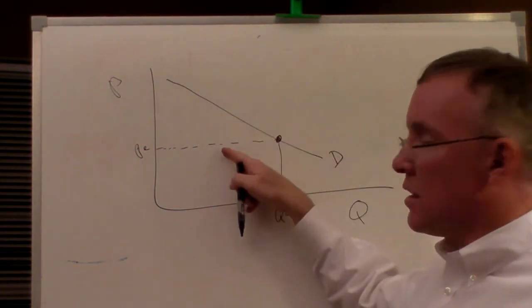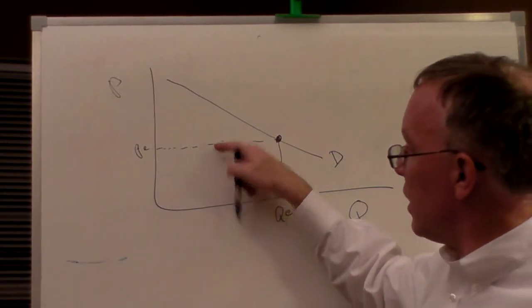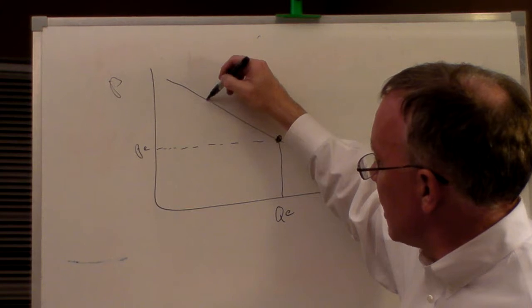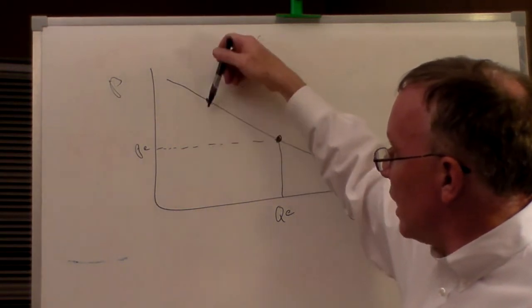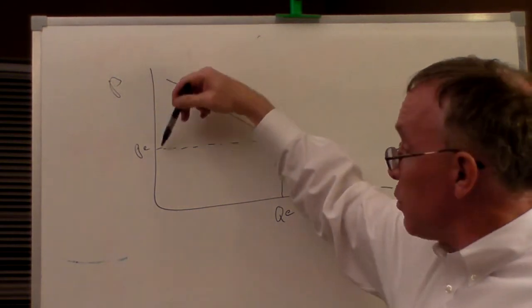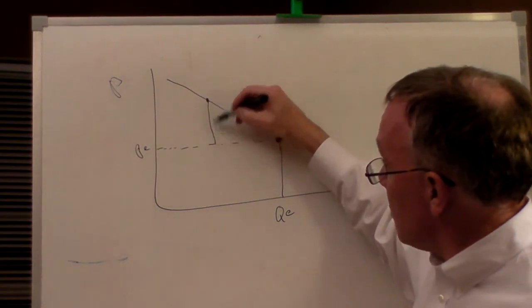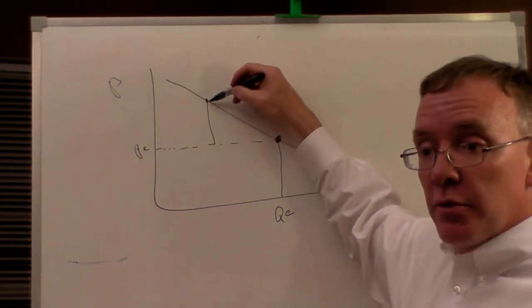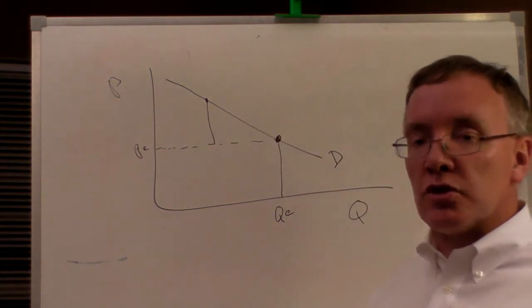But because this is the equilibrium price, the market price, anybody who was at this point on the demand curve and would have been willing to buy this quantity if the price were up here, with the price down here, of course, they're still willing to buy. And the difference between what they would have been willing to pay and what they actually had to pay, we call that consumer surplus.